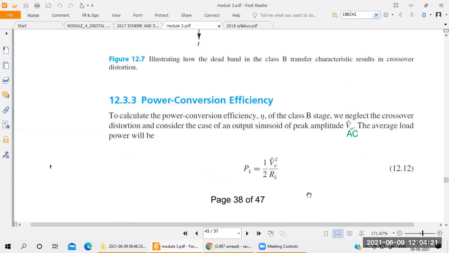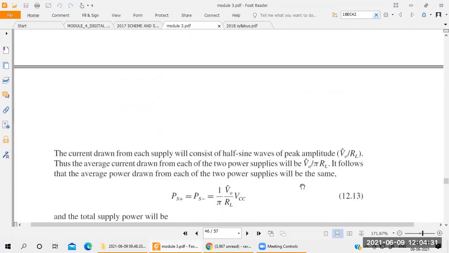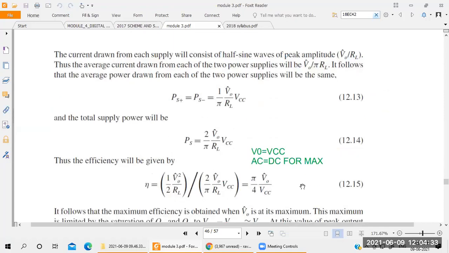So the output power is AC, and for that you can write the equation for the load power: 1/2 into V0 square divided by R, where V0 is expressed as RMS. Then come to the input of each transistor. They have taken two transistors, PNP separate and NPN separate, so you take minus VCC and plus VCC.